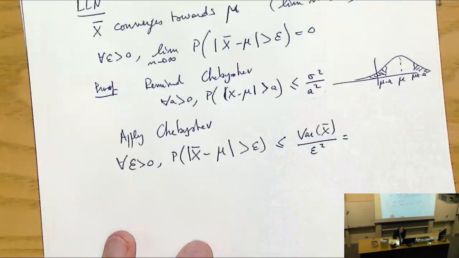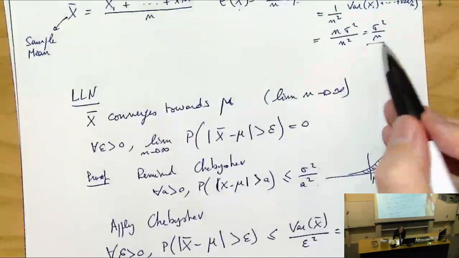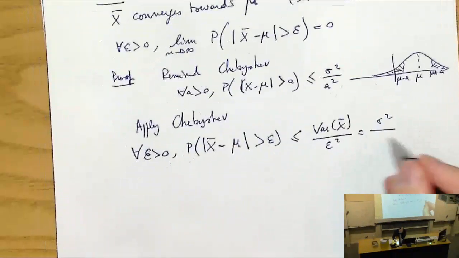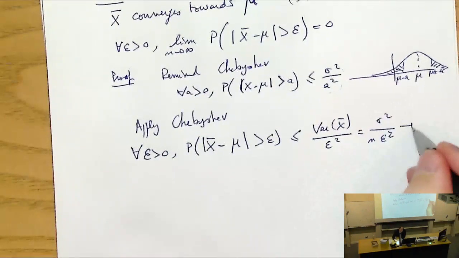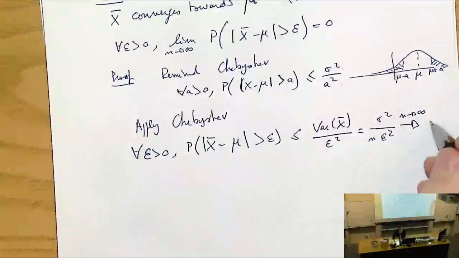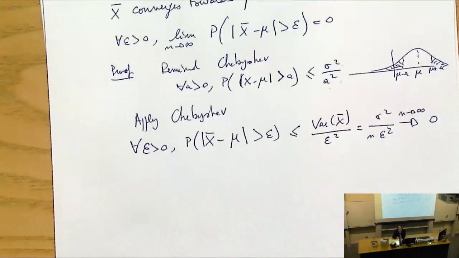What is the variance of x bar? Is what we did here. Is sigma square over n. So it's sigma squared over n multiplied by epsilon squared. And as n tends towards infinity, essentially this goes down to 0. Okay?